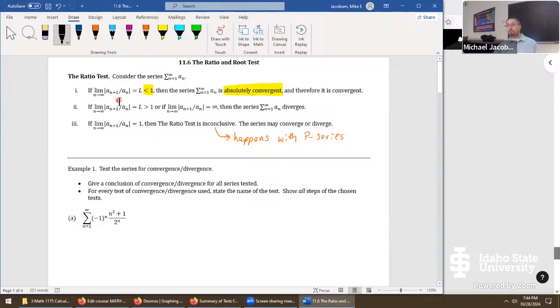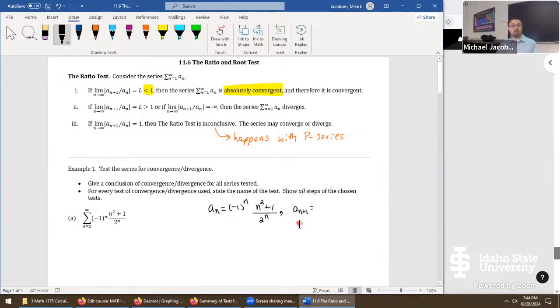We have to take the ratio of a_(n+1) divided by a_n. So it's not a bad idea to just be specific the first time you're doing this. a_n is (-1)^n times (n squared plus 1) over 2 to the power of n. For a_(n+1), we won't write this out each and every time, but for your first run through the ratio test, it's not a bad idea.